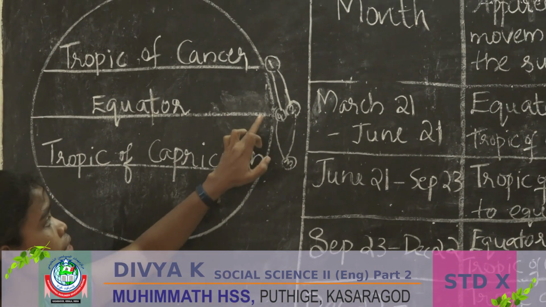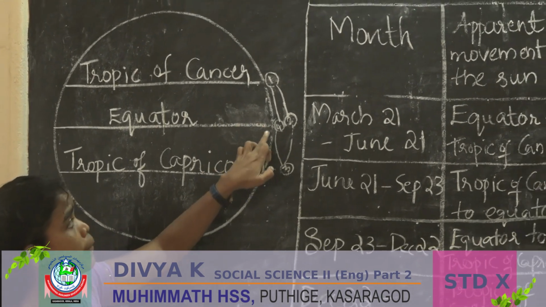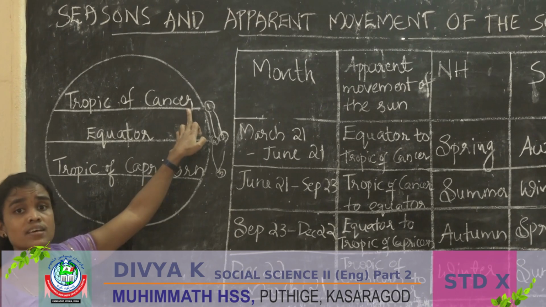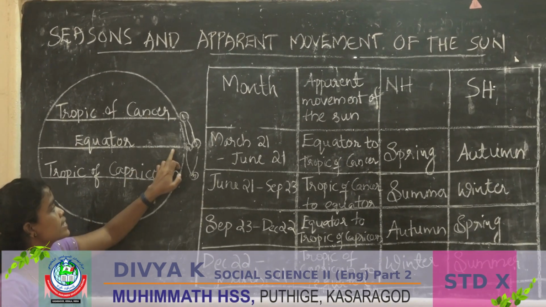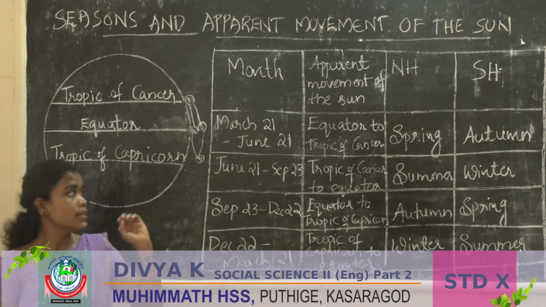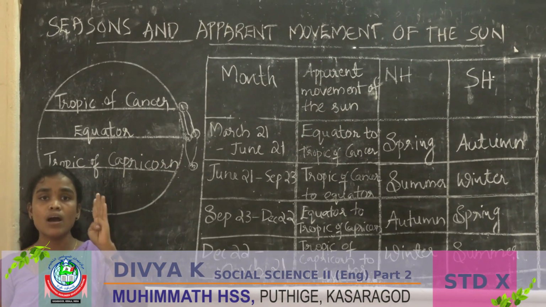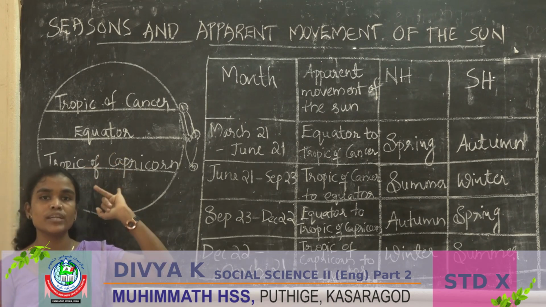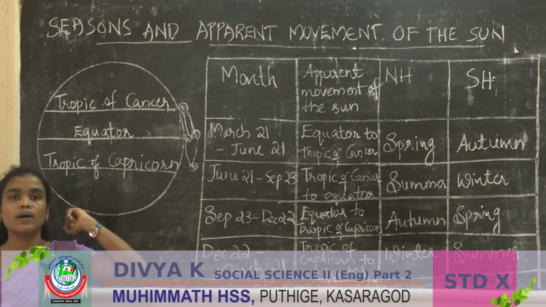First, we already discussed that the first movement of the sun is the apparent shift between the equator and the Tropic of Cancer. We consider this the first shift of the sun. So let's discuss. For better understanding, we first remember 4 dates: March 21, June 21, September 23, and December 22.